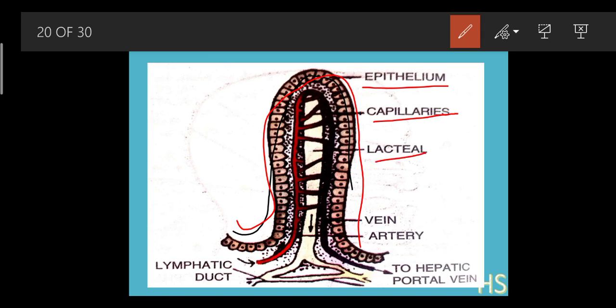The lacteal is whitish in color and consists of a lymph vessel. And what is the function of the lymph vessels? To destroy any germs which enter our body, because it consists of WBCs.